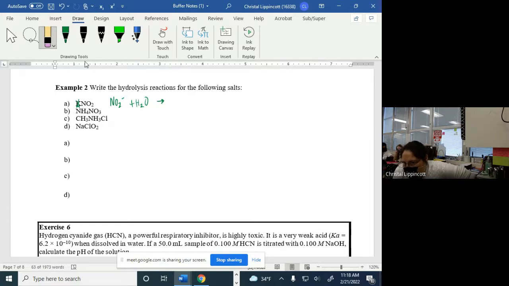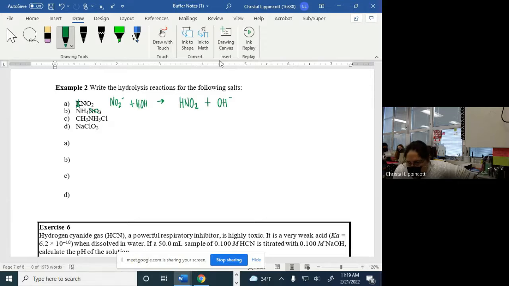And if you think of it like this, it might even help you a little bit. HOH. This is going to grab this H here, form HNO2, plus it's going to leave behind OH minus. All right? Which one of these two things do I get rid of? The NO3, because HNO3 is strong.